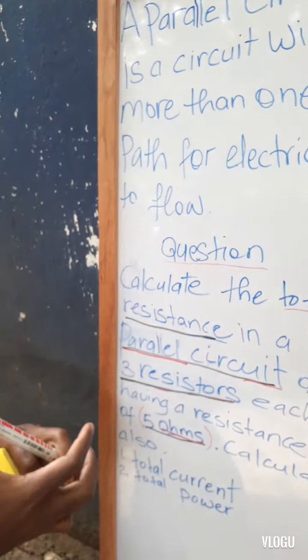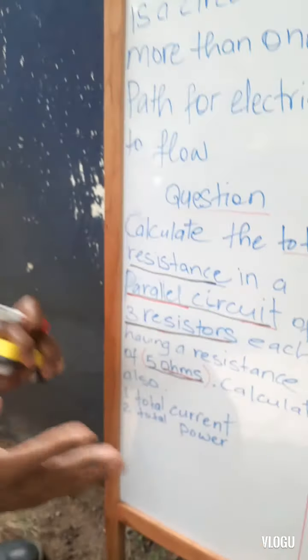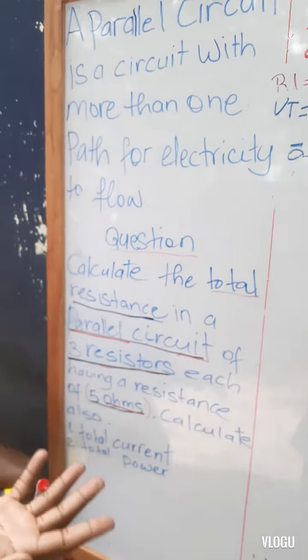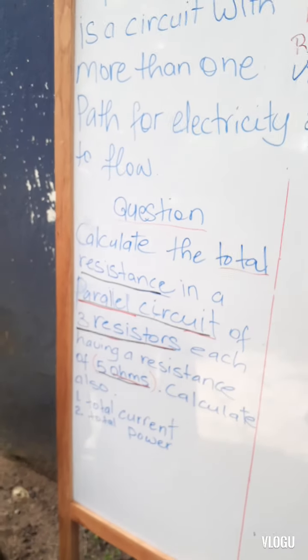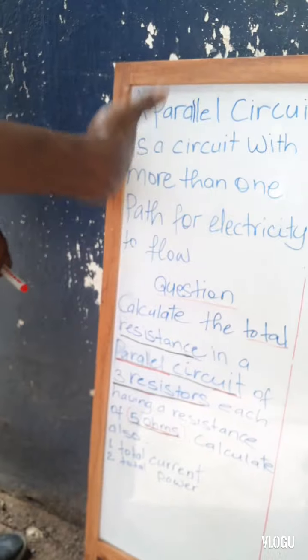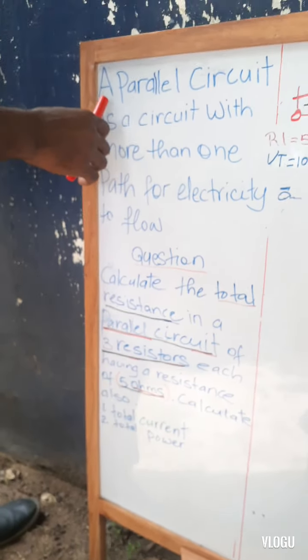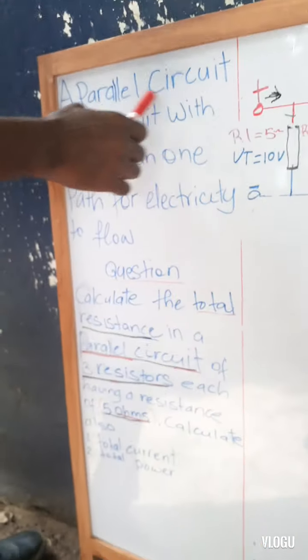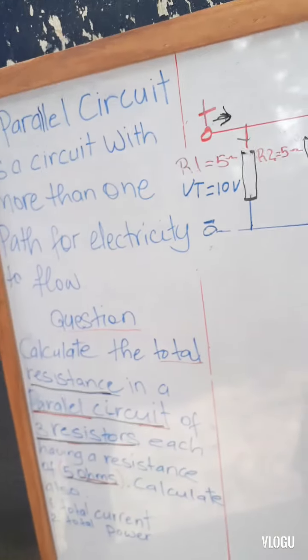Now, many may be asking, to understand this question we have to know what a parallel circuit is. I've written a little definition. It says a parallel circuit is a circuit with more than one path for electricity to flow.